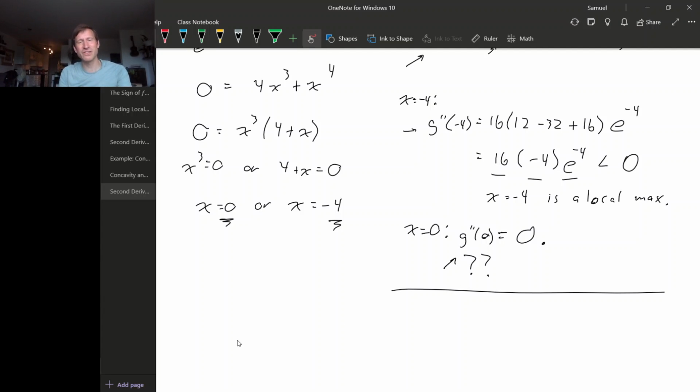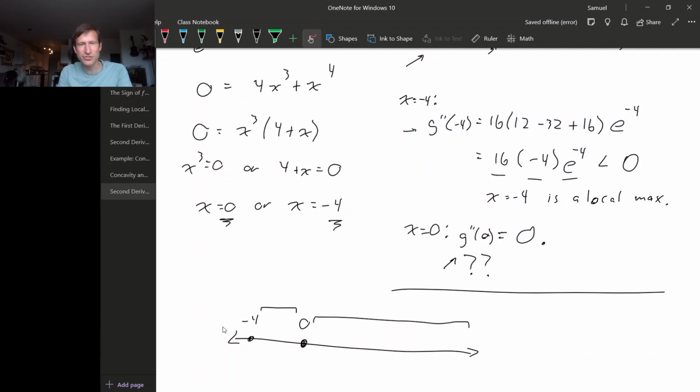Of course, the first derivative test is a little more complicated. We need to build this sign chart. We have to put our critical numbers on our sign chart. So there's x equals 0 and x equals, sorry, minus 4, so we need a spot over here. And then to use the first derivative test, we have to check on the two intervals next to x equals 0, is the first derivative positive or negative?